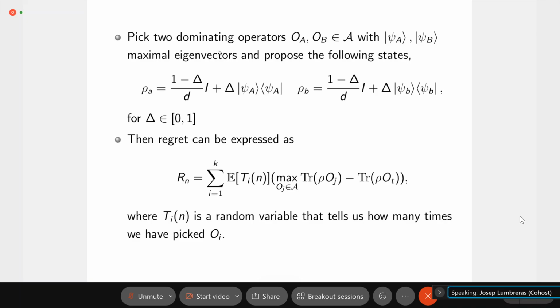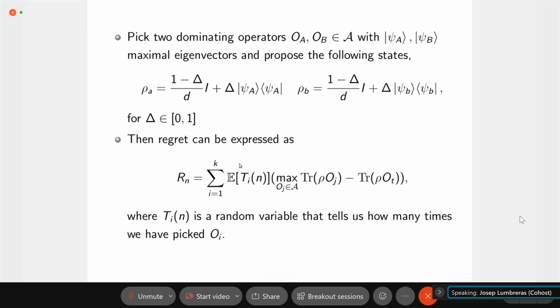And then the regret that I showed you at the start can be reformulated as follows. Now, instead of being a sum over all rounds, it's a sum over all possible indices in the action set. So if we have k observables, it's a sum from 1 to k of the expectation of the number of times that we have played each observable up to round n.